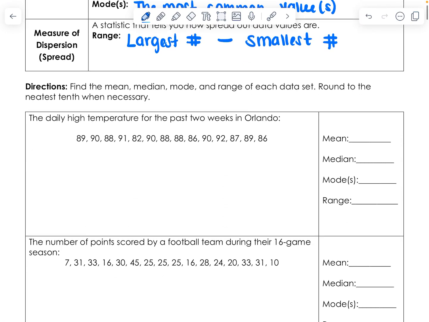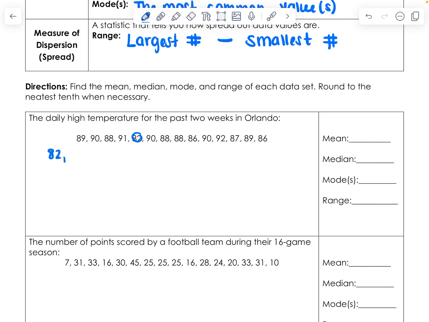So example 1, or all of these examples, we're finding the mean, median, mode, and range. The first thing I'm always going to do is I'm going to list my numbers from smallest to largest. So my smallest number appears to be 82 right here. That's my smallest. So I'm going to start with 82, and then I'm going to find my bigger values.